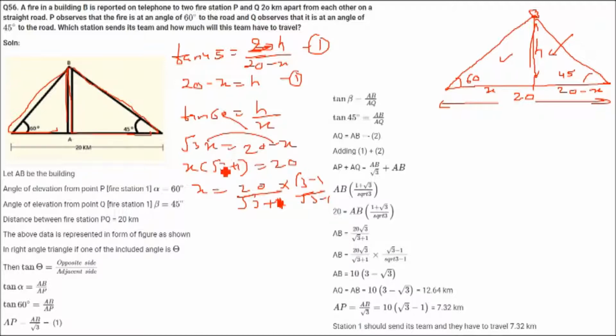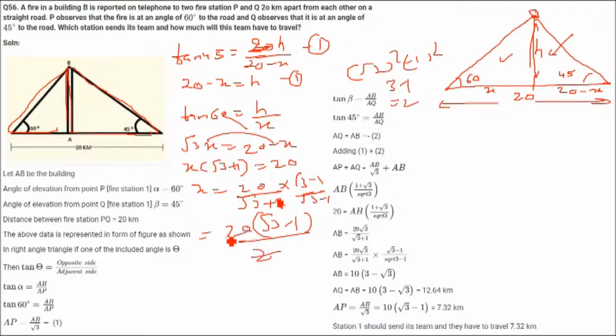This will be 20 times (root 3 minus 1), and in the denominator we get (root 3 minus 1) times (root 3 plus 1). This is root 3 whole squared minus 1 whole squared, that is 3 minus 1, which is 2. So 20 by 2 is 10, and it is 10 times (root 3 minus 1).